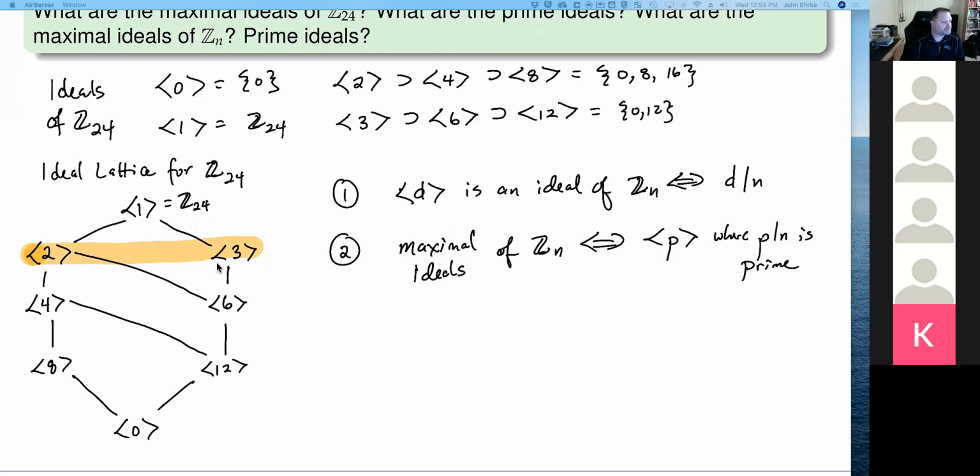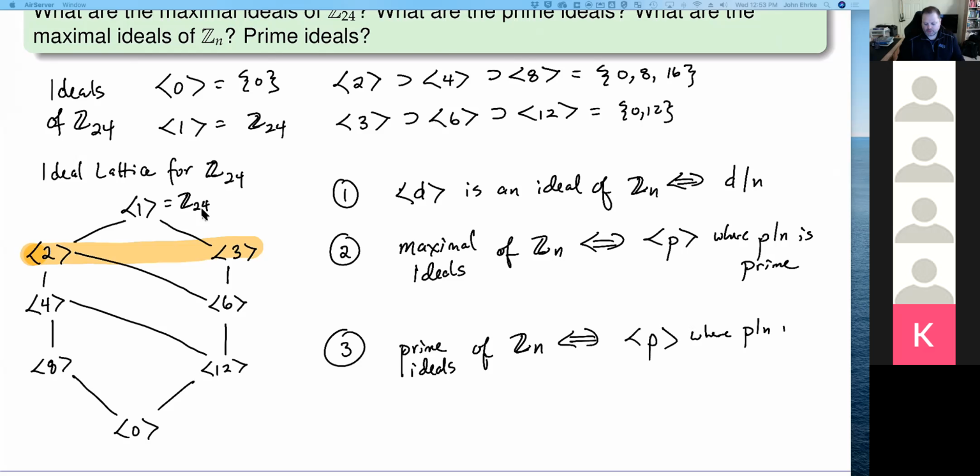So the prime factors of N give the maximal ideals in Z mod N. And taking that a step further, the prime ideals of Z mod N are precisely the maximal ideals plus the 0 ideal.